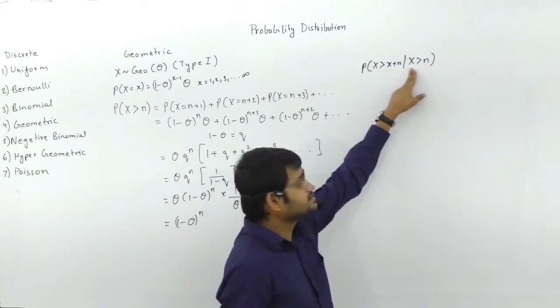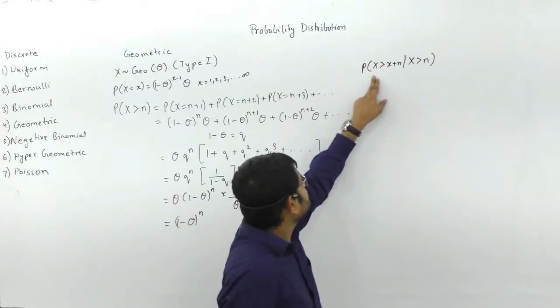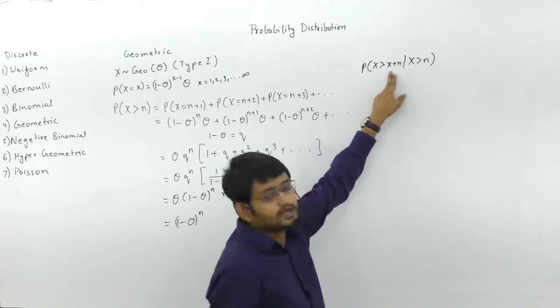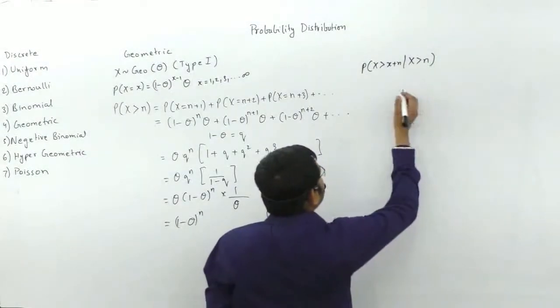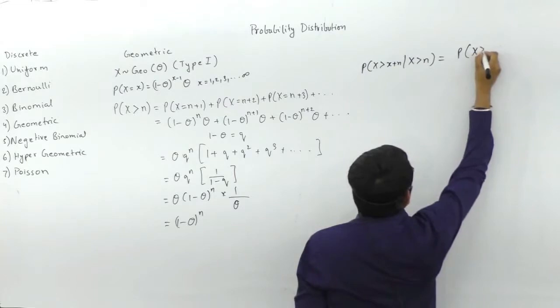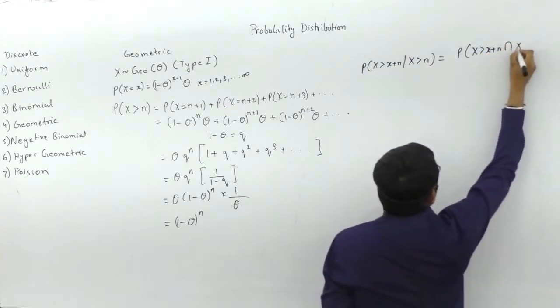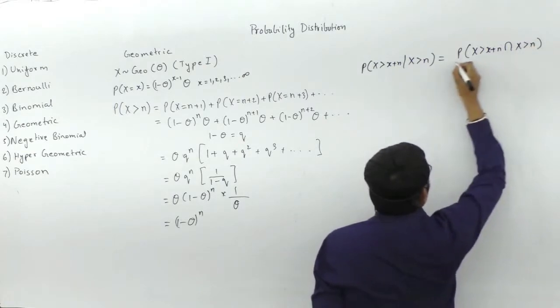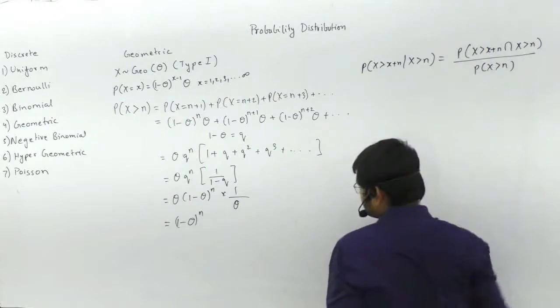So our success is greater than n, that is the given part, and we need to know when our success would be greater than x plus n. So this I can write as probability x greater than x plus n intersection x greater than n upon probability x greater than n.